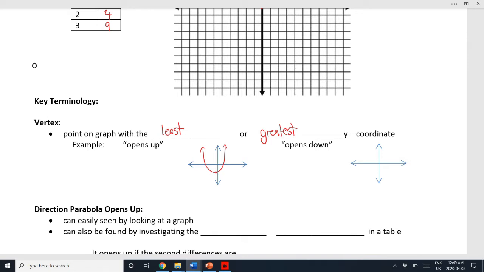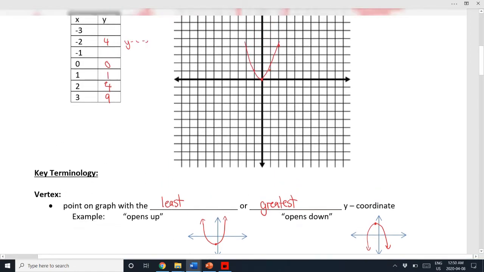That'll be our vertex. And going the opposite way, if it was opening downwards, like this, it'll be the greatest y coordinate. So depending on whether it's opening up or down, it'll be either the least or greatest y coordinate on the graph.